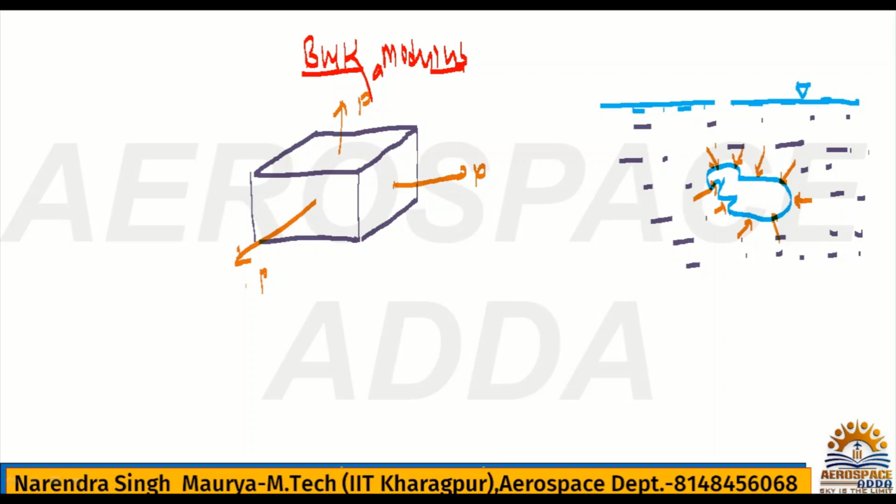Three mutually perpendicular directions means if you see the surface x, y, z, in all directions, like here you can see the faces. So all three faces will have a load, which is acting perpendicular to the surface. As I told you, this can be possible both ways.